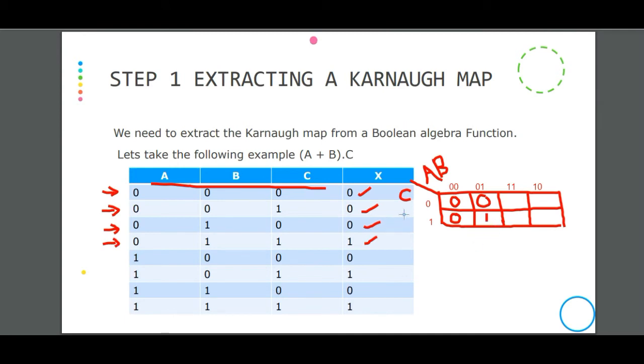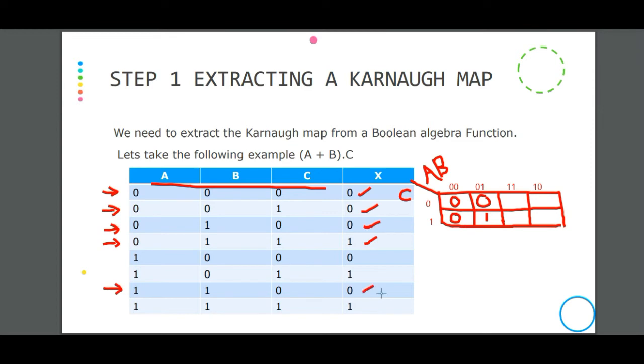And the next one, A value is 1, B value is 1, but C value is 0. When you write a Karnaugh map, we don't write it as 0, 1, and then 1, 0 and 1, 1, but rather you put the 1, 1 before 1, 0. So in this case, when A value is 1, B value is 1, and C value is 0, we effectively take not the fifth one, but the seventh row.